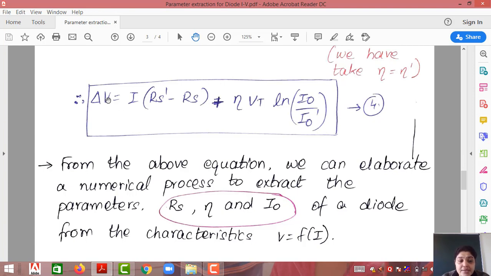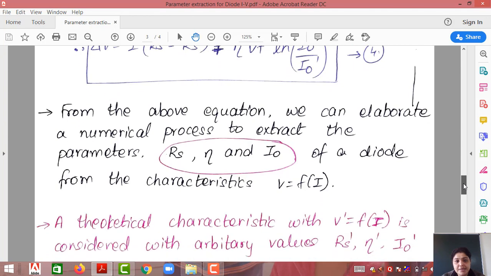If you remember, this is y is equal to mx plus c. So from the above equation, we can elaborate a numerical process to extract the parameters Rs, eta and I0 of a diode from the characteristics of V is equal to f of I.